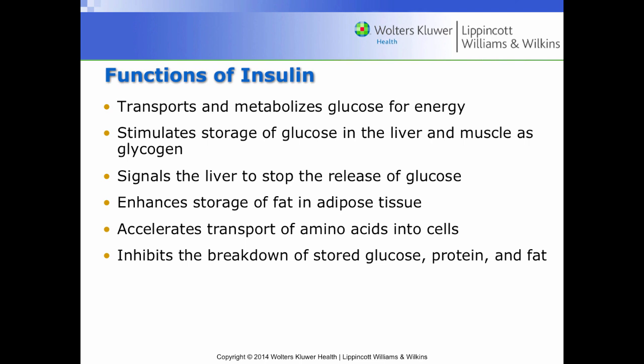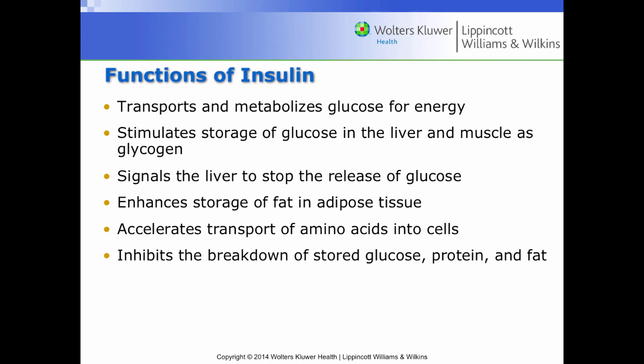And glycogen storage in the liver is actually designed to help support blood glucose in times of fasting. So in between meals, when you're not absorbing glucose, the liver breaks down glycogen and releases glucose to prevent hypoglycemia.